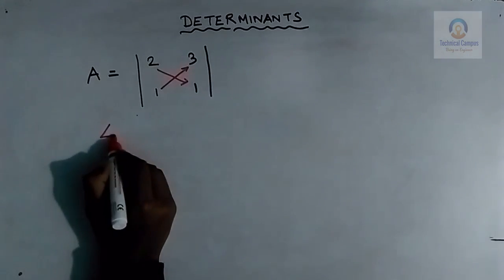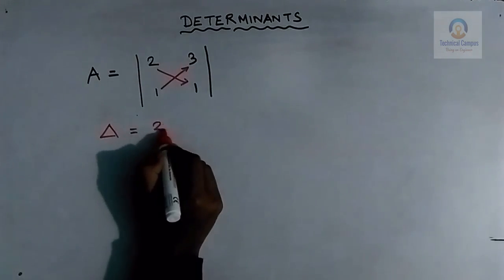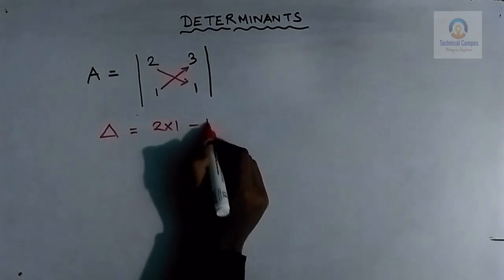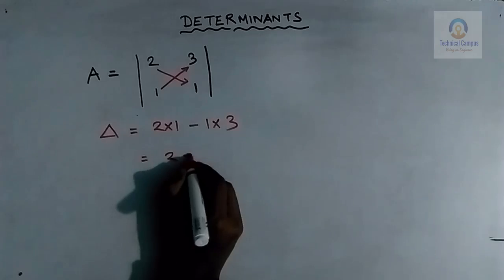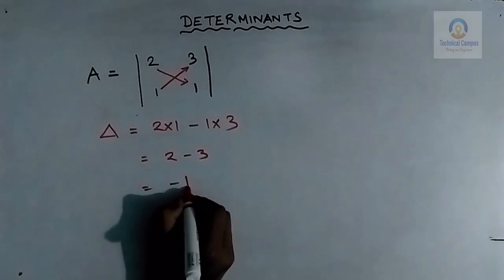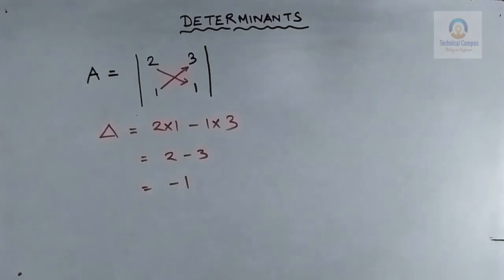So the value of this determinant will be 2 into 1 minus 1 into 3, that is 2 minus 3, that is minus 1. In this way we calculate the value of a determinant. So this is the key rule of finding the value of any determinant.